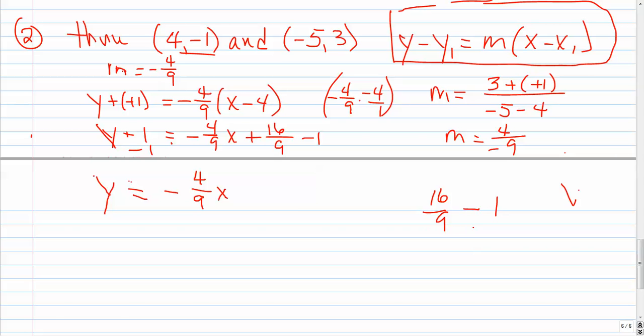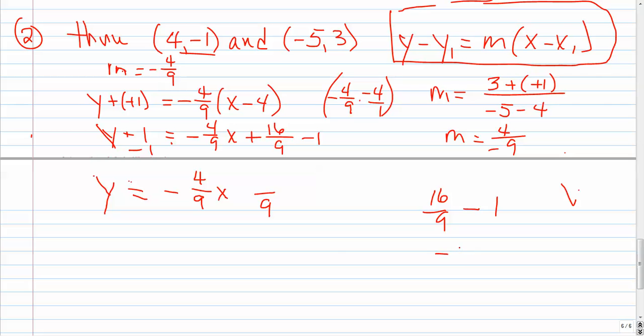So basically what we're doing is combining a fraction and an integer. Now there's a shortcut you can use for this, and I'm going to show you the shortcut because it's real fast. You can put it in your calculator or get a common denominator however you want to do it. But we know the denominator is going to be 9. To get the numerator, I'm going to say the denominator times that integer, 9 times negative 1, which is negative 9, and add it to 16.